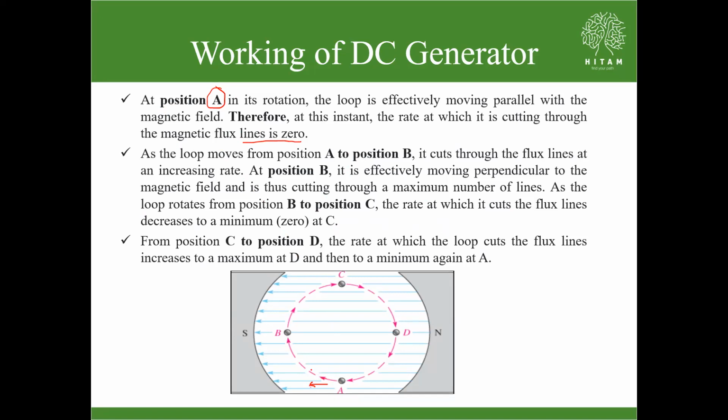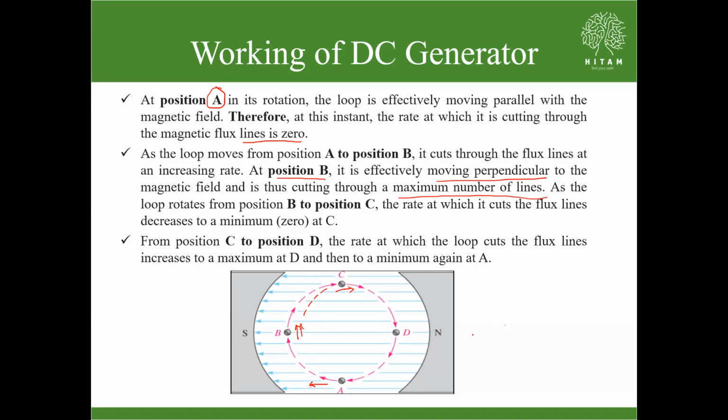We are cutting the flux lines step by step, increasing, increasing, and it reaches exactly the perpendicular at B. Perpendicular direction means the maximum number of lines we are cutting, moving perpendicular to the magnetic field at position B. As the loop rotates from B to C, it keeps cutting, but decreasing, decreasing, and then it will be 0 again in the parallel path.